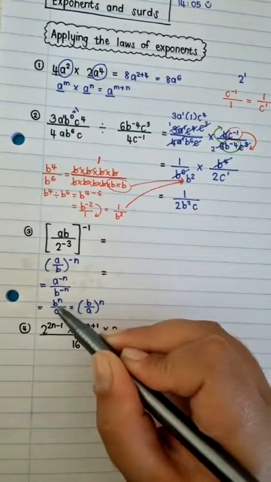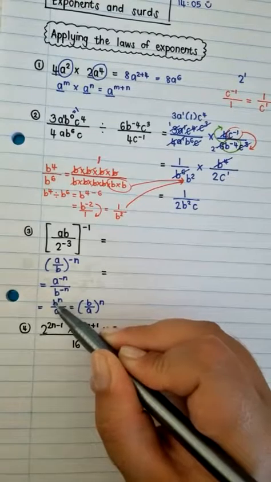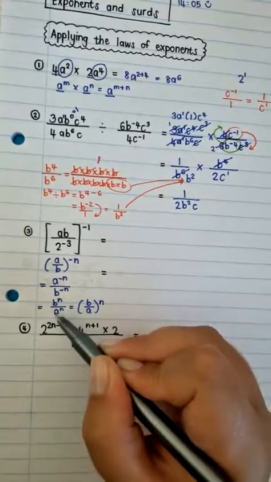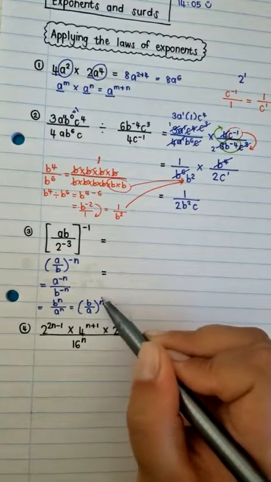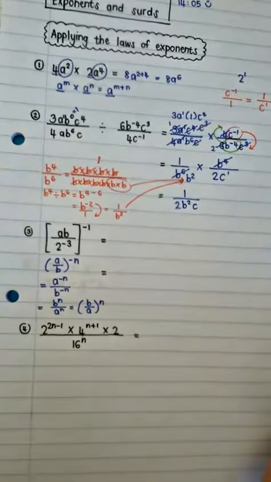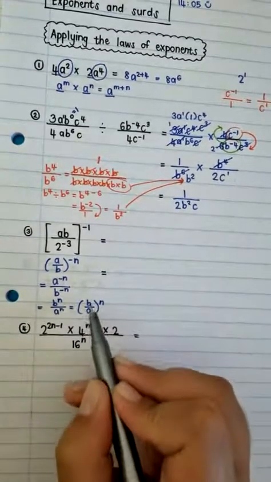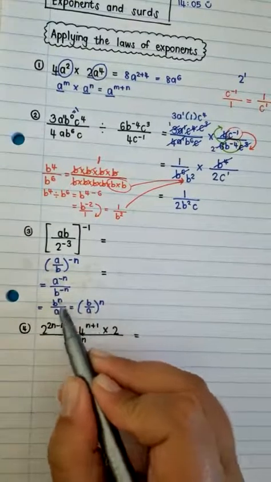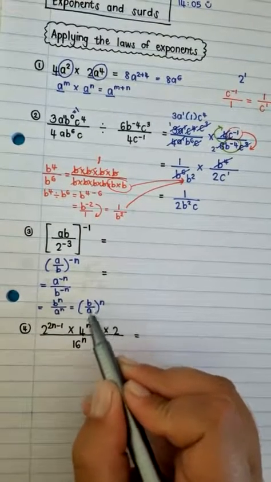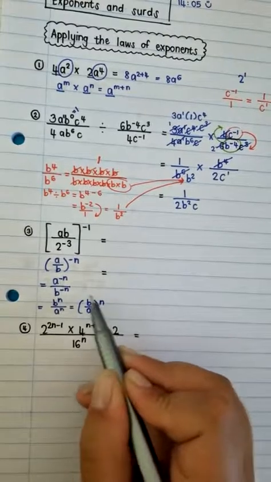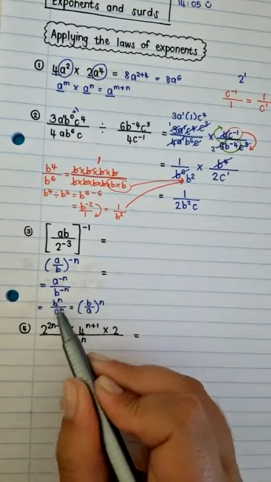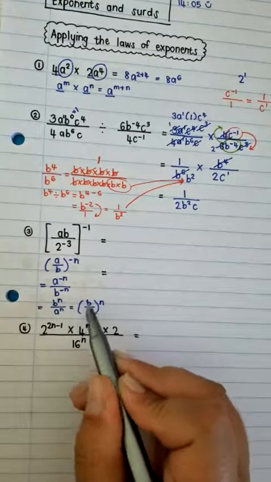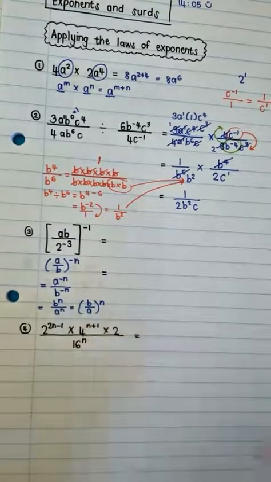Then you can just take the base of the numerator and the base of the denominator, write it as a fraction in brackets, and raise the whole thing to that same power. We often go this way around. We often say that if you have a whole fraction to the power of an exponent, you can take the numerator to that exponent over the denominator to that exponent. But you can actually also work this way around. Okay, we'll get back to that.